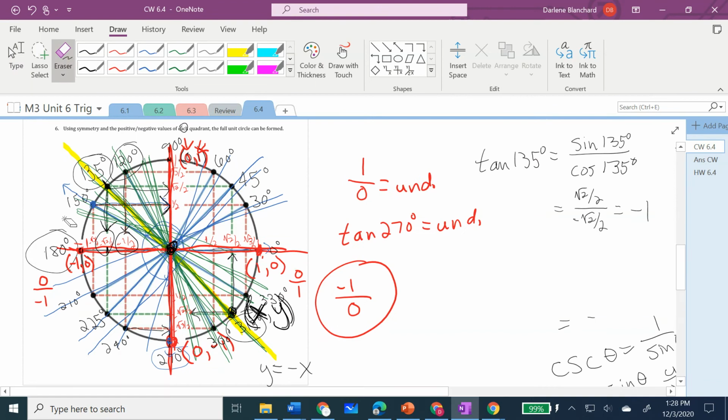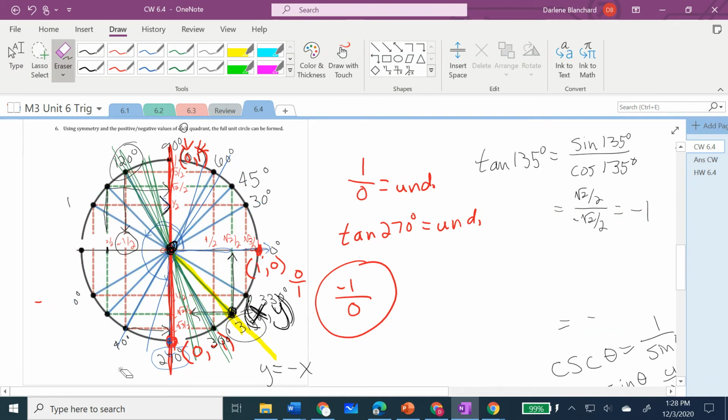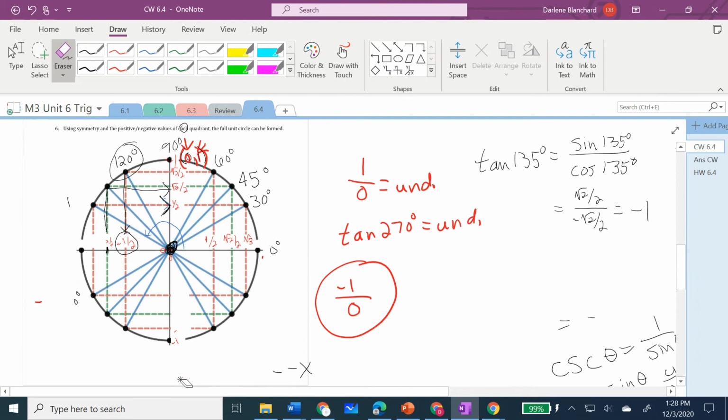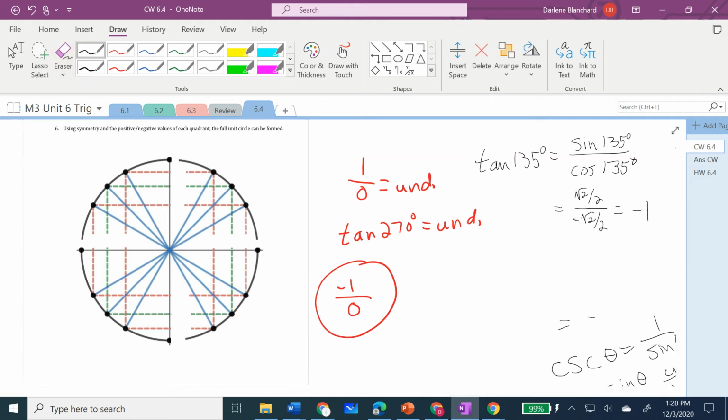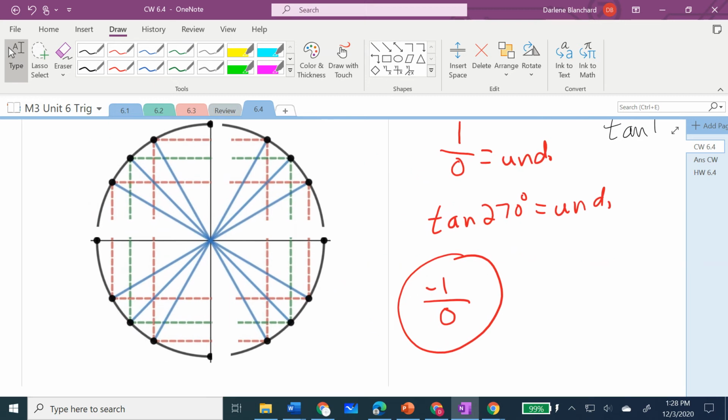I need to erase while you guys see if you can figure it out. 210 degrees is 180 plus 30 degrees more. So that takes me right here.